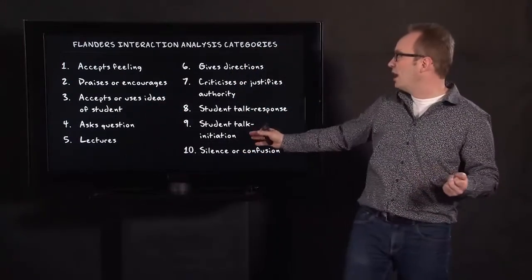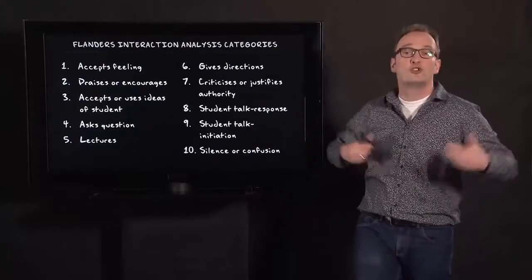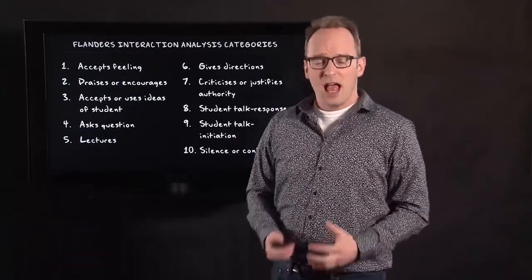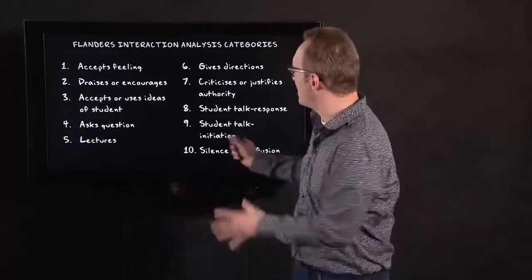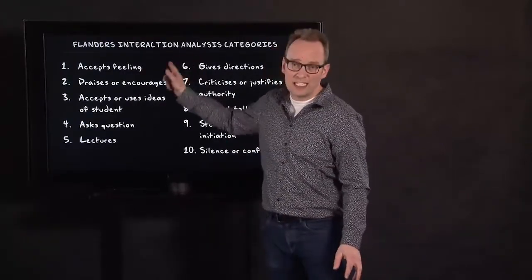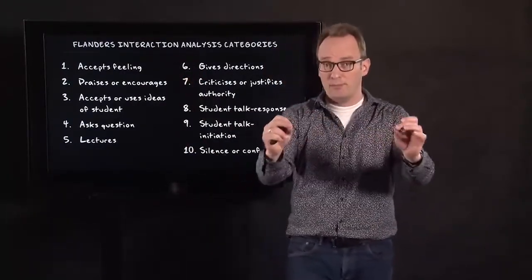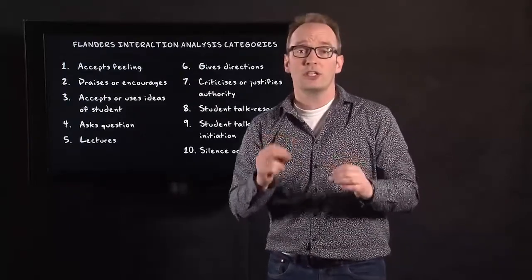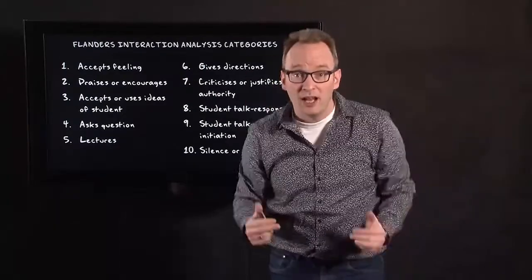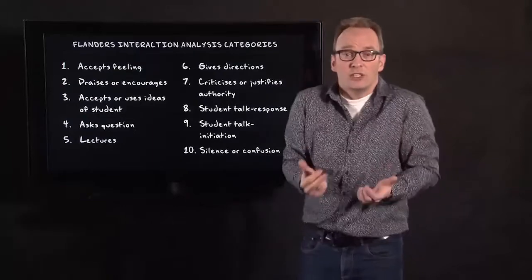A teacher can criticize or justify authority. And what you do using this system is you assign these numbers to a certain time slot or to a certain behavior when a teacher, a lecturer, is talking.